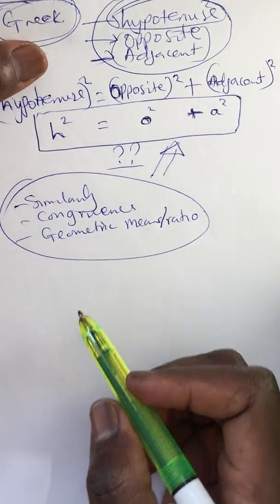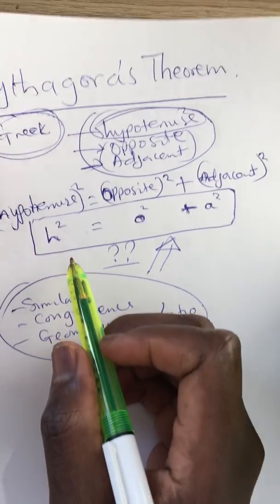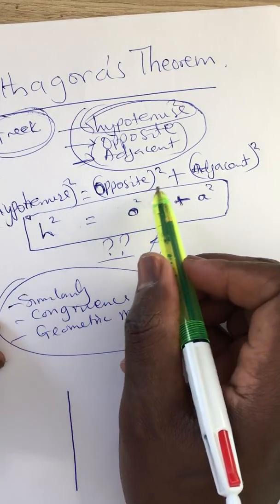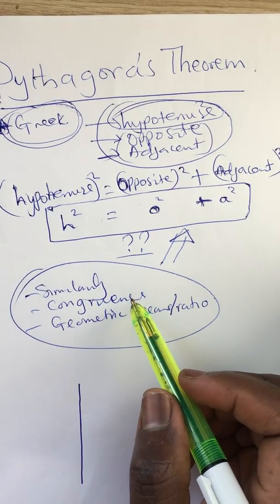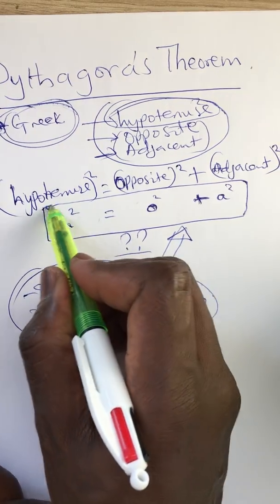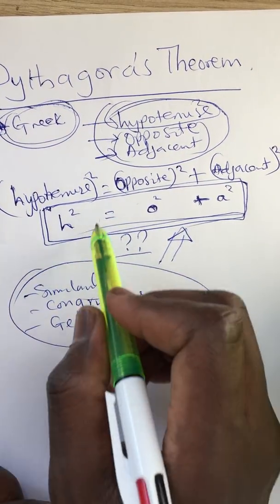So how do we do that? What we need to do is to come up with a right angle triangle, because when we're talking of hypotenuse, opposite, adjacent, we are obviously referring to a right angle triangle. So a right angle triangle gives us the best way to understand this.